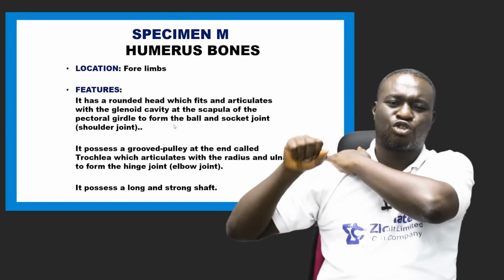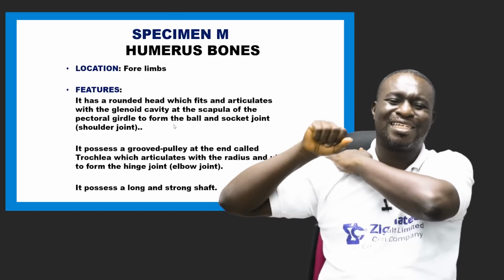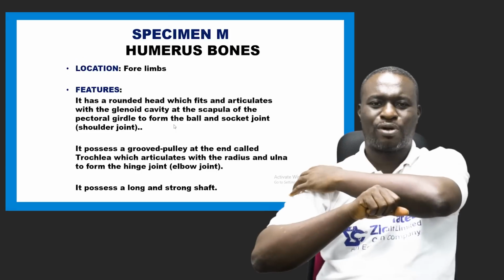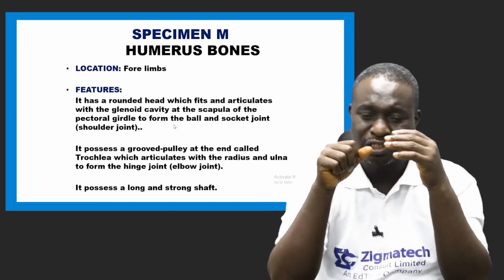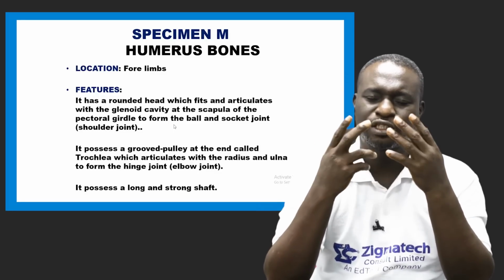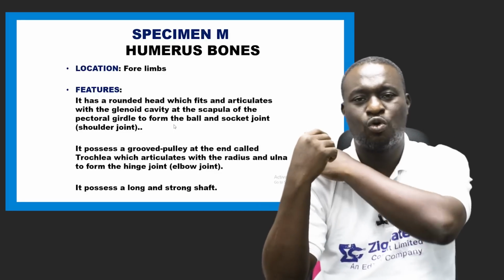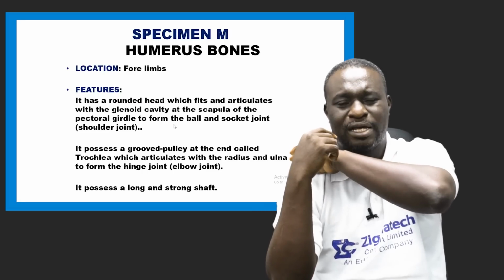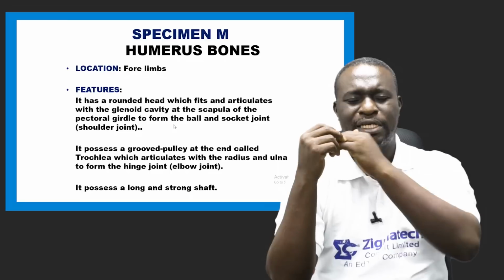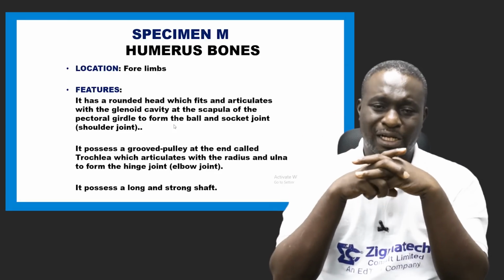And this brings us to what we call the pectoral girdle. So this is the pectoral girdle. The pectoral girdle consists of the scapula, which is the shoulder blade. It also consists of the clavicle and the glenoid cavity and coracoid. Okay, these are what make up the pectoral girdle.